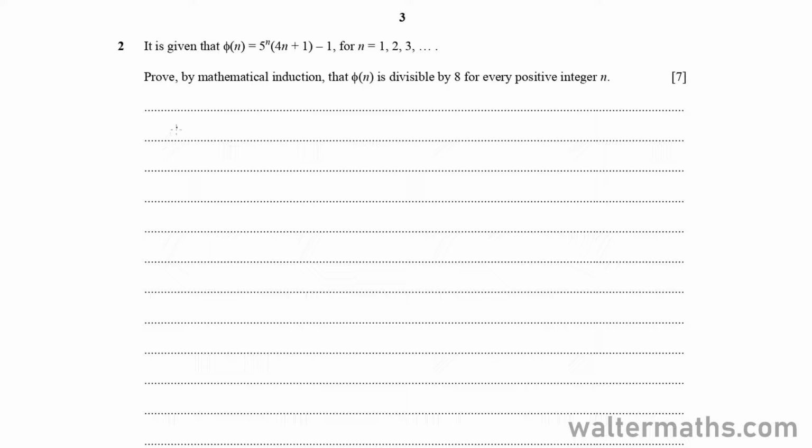So I'm going to start by saying, let p sub k be the proposition that phi of n is divisible by 8. And that's for every positive integer n.